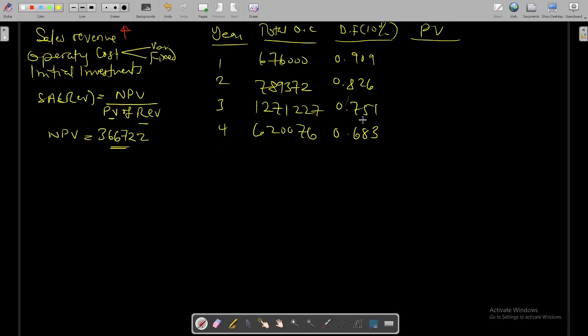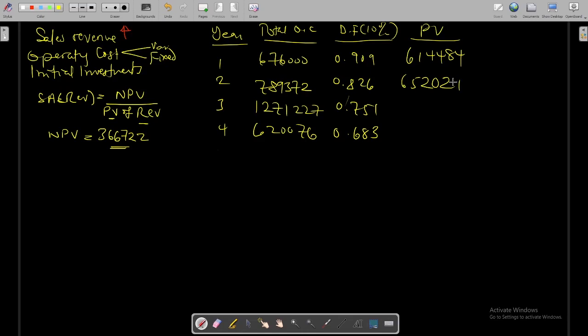So 676,000 multiplied by 0.909 will give us 614,484. The next one will give us 0.826 times 789,372, so 652,021.